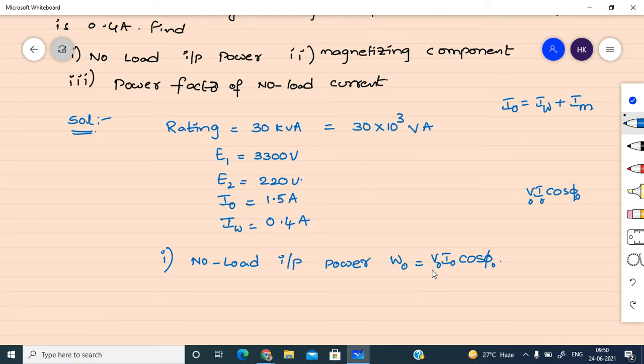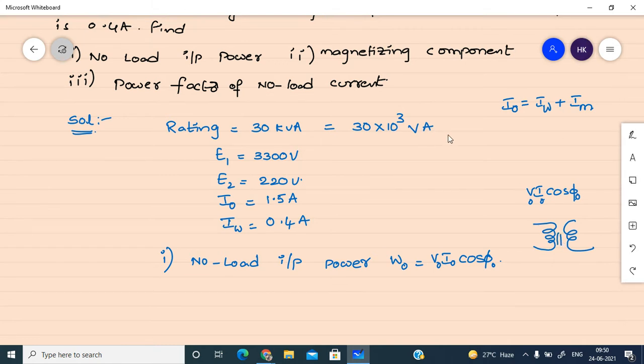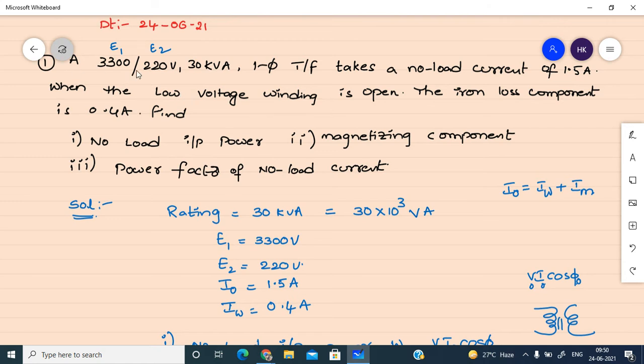Now what about this V naught value? This is the transformer symbolic representation. We had given two voltages, 3300 by 220. So which one is primary? 3300 is primary, 220 is secondary.